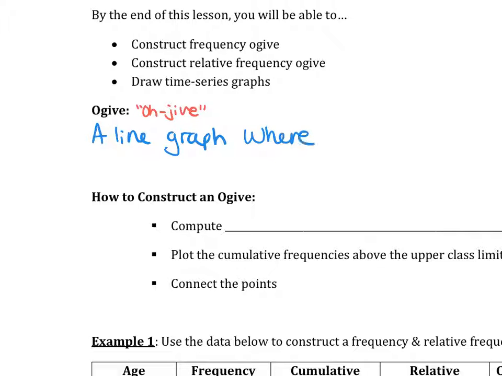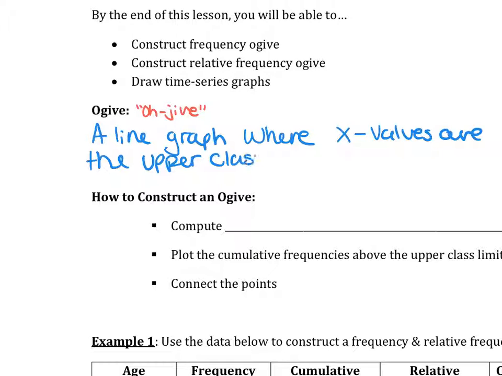Where the x values, or the x-axis labels, are the upper class limits, so the second number in your interval. And the y values are the cumulative frequency, or the cumulative relative frequency.